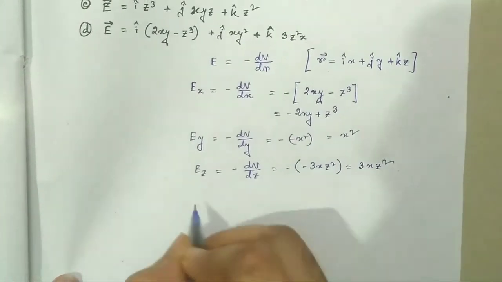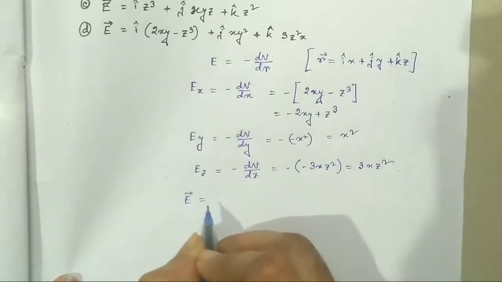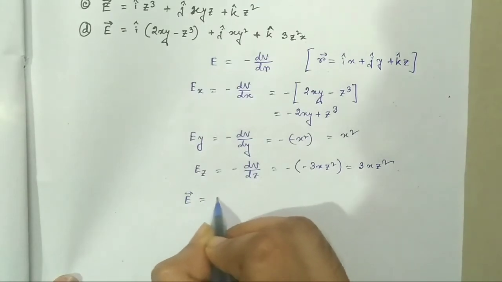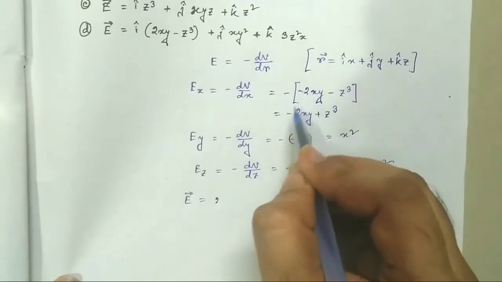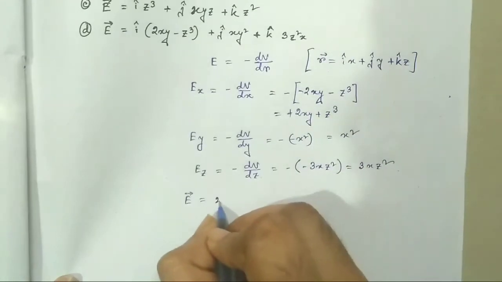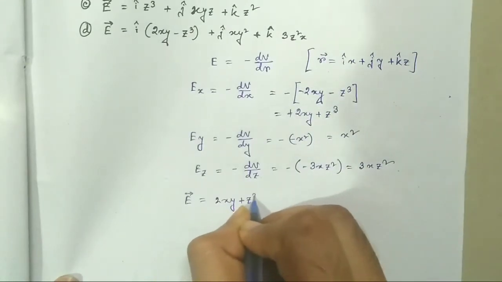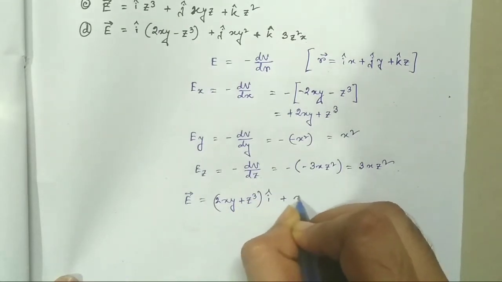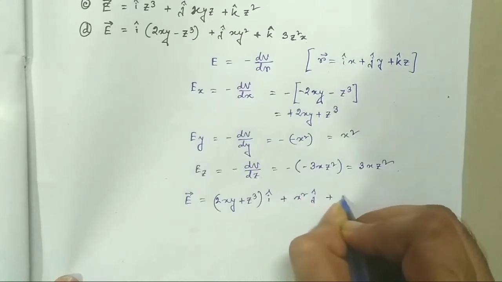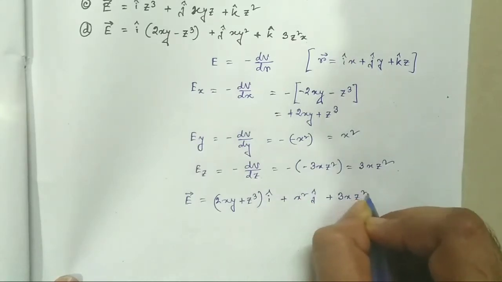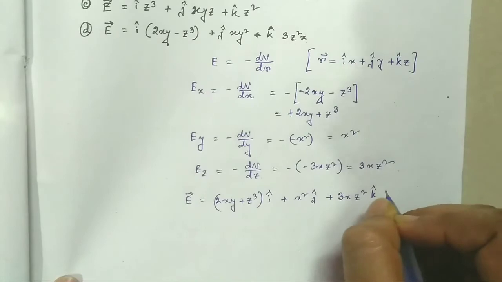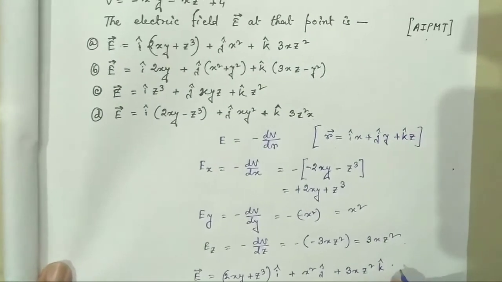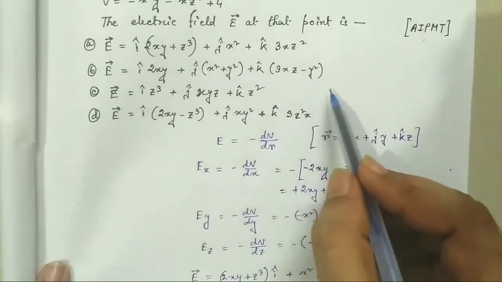So the electric field intensity at the said point will be 2xy plus z cube i cap plus x square j cap plus 3xz square k cap. So you can see that only option A is the correct answer.